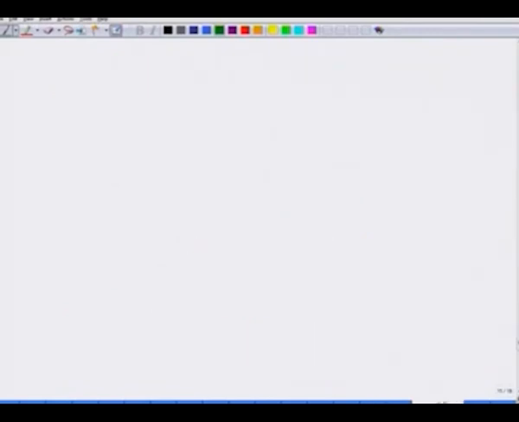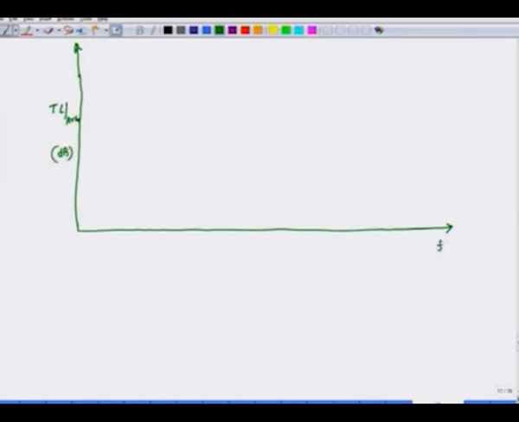So, I will now finally draw this chart once again. I am plotting T L average, in decibels, on the vertical axis. On the horizontal axis, I have frequency in hertz, and I will do a couple of curves here and explain what these mean.